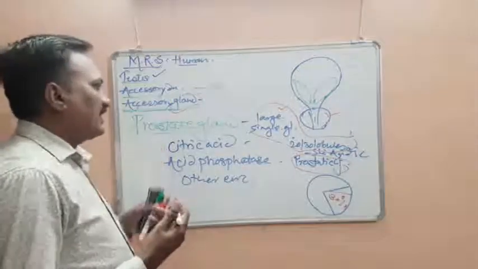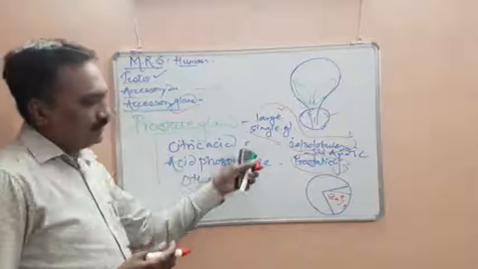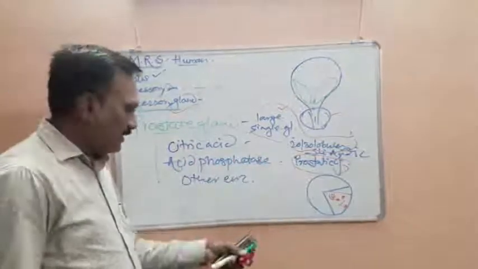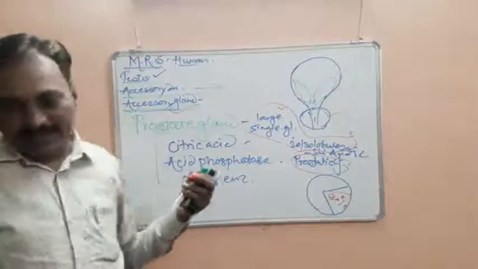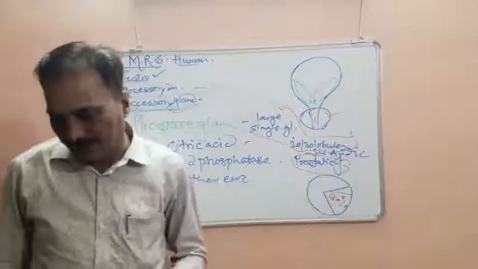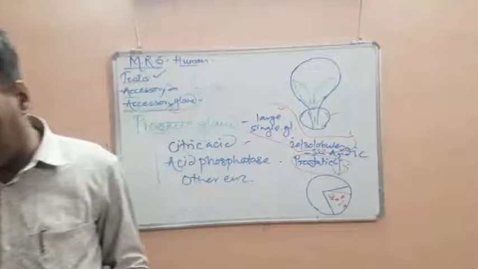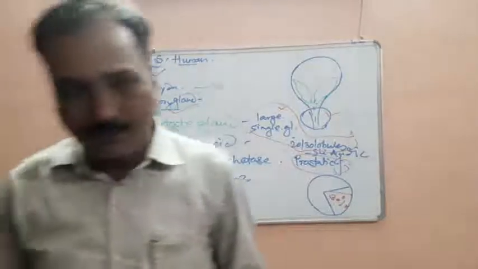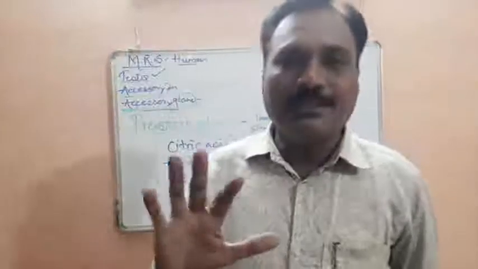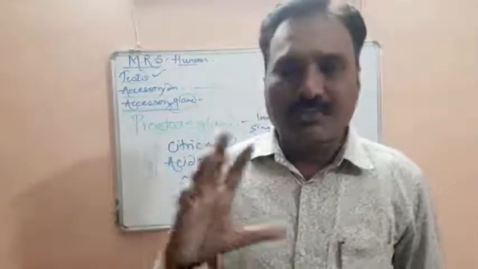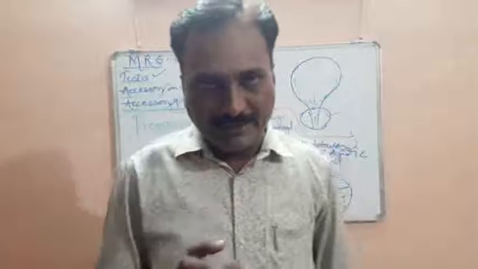So that prostatic gland secretes the prostatic fluid, it contributes about 30%, and it has citric acid, acid phosphatase, and some other enzymes. This acid phosphatase protects the sperms from the acidic environment of the vagina. So this is about the prostate gland.